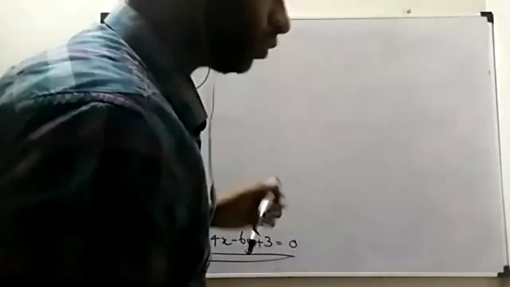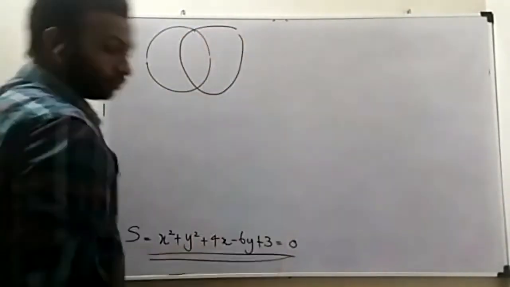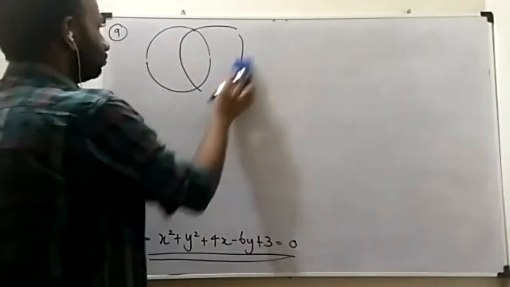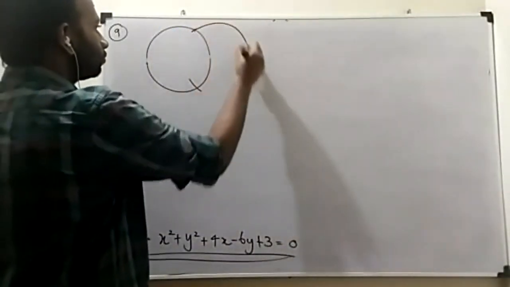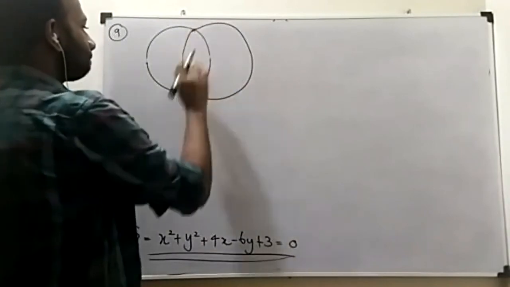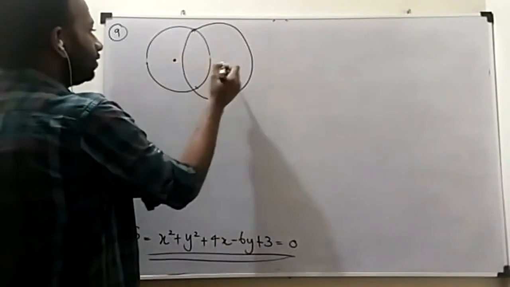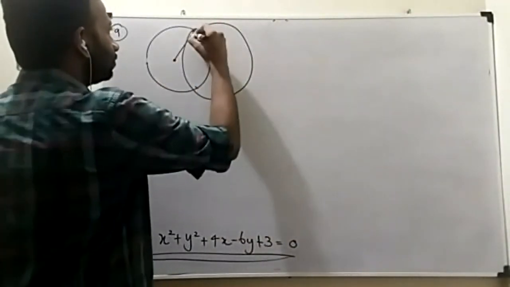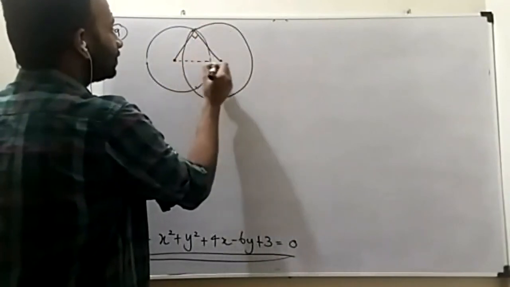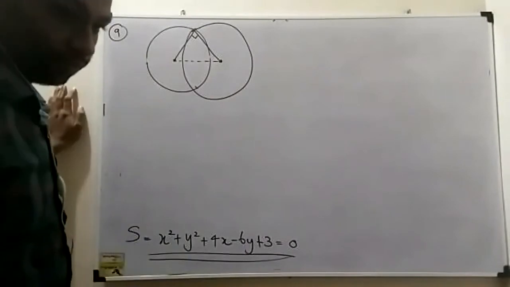So what is meant by orthogonal is this. If you have two circles, and say this is the center of this one and this is the center of this one. If we draw lines like this that are perpendicular, then we say that these two circles intersect each other orthogonally.